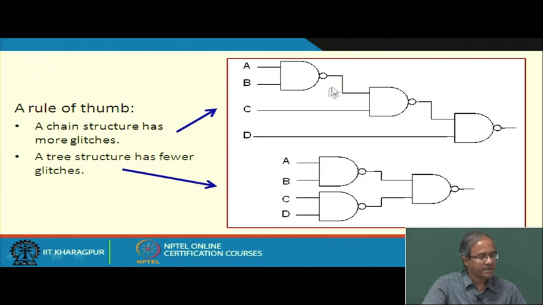As a rule of thumb, take another circuit with another level. The same thing will happen here also. If you make A, B, C, D all change state together, there will be glitches happening. But this same function you can also implement like this. Here the delays from all the inputs to the outputs are balanced, they all are equivalent to 2 gate delays.